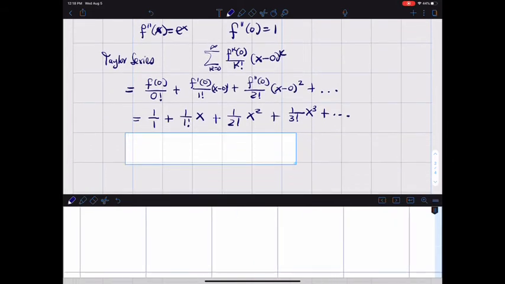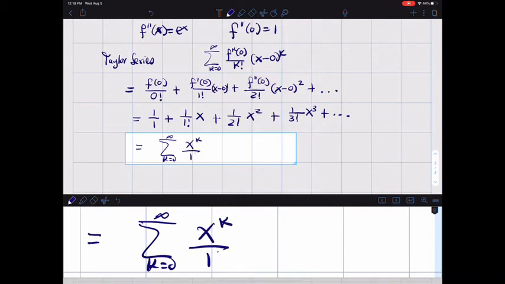This will end up just being the summation k from 0 to infinity of x to the power of k over k factorial.